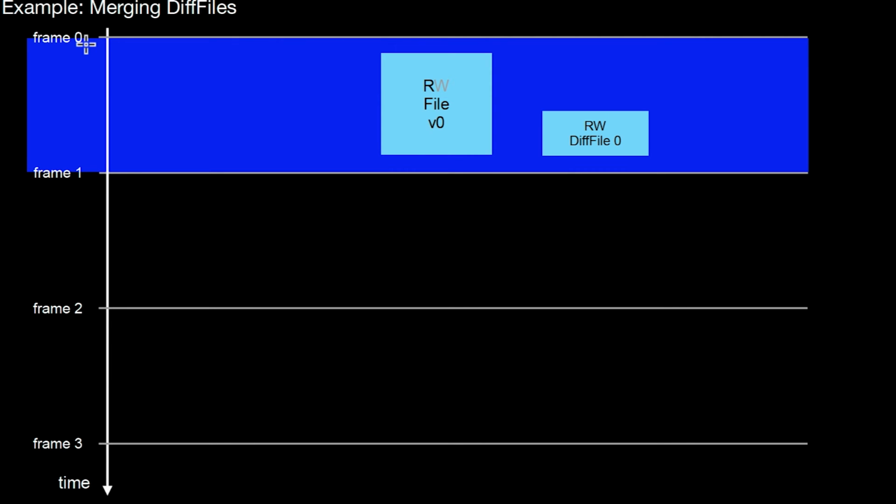What happens here? We have our read-only file. I marked it here. This says this is readable. We can read from that file, but it's not allowed to write to it. That's what this gray W reflects. And we have this read-only file in version 0. At the same time, we are collecting changes in the differential file 0.